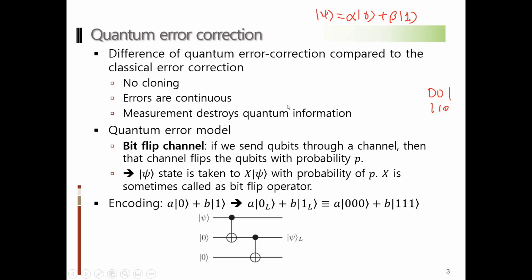However, the most challenging part is how can we measure the quantum information? How can we detect if there is any error, and if there is, which qubit we should correct, and do that even without destroying the quantum information? So how can we do that?